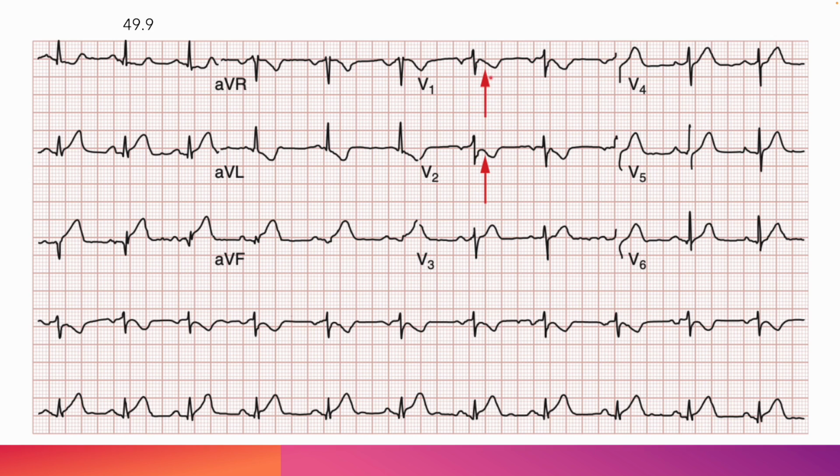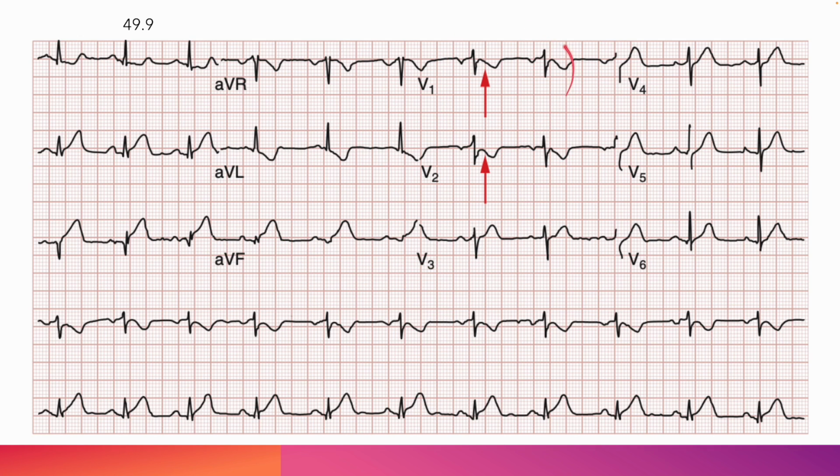Now this ECG is another one. You can see that in V1 you do have an ST depression, and in V2 you have an ST depression. Looking at AVF, that's an ST elevation.